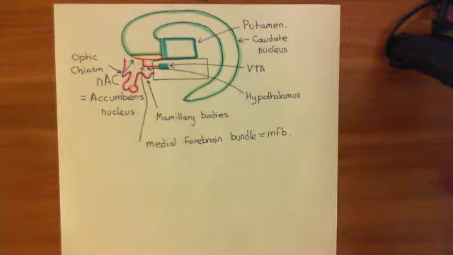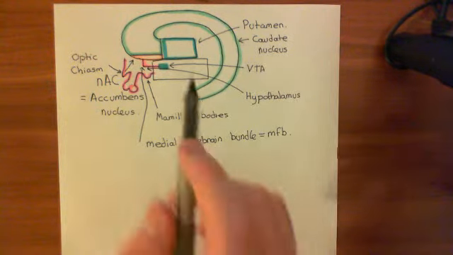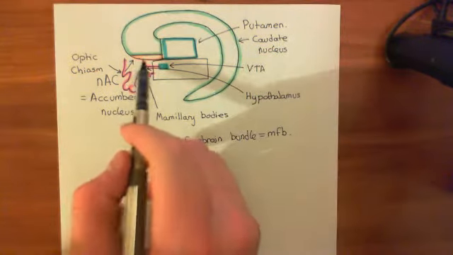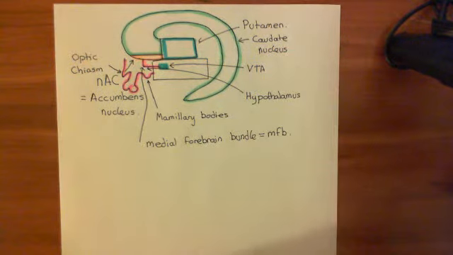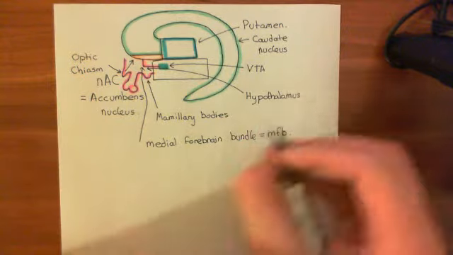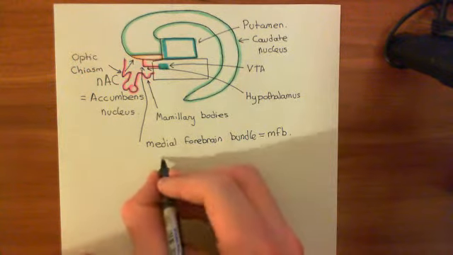Now, when the ventral tegmental area neurons become active, their axons are going to fire action potentials, and the axon terminals in the nucleus accumbens are going to release neurotransmitter. Now, what neurotransmitter do they release? Well, what is this entire system called? The mesolimbic dopamine system. Okay, so let me write this down somewhere.